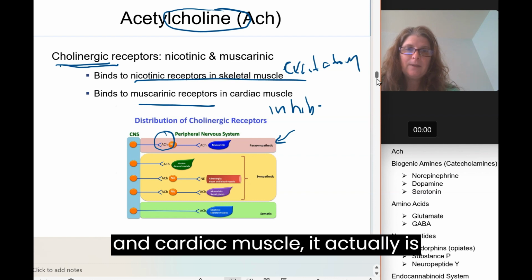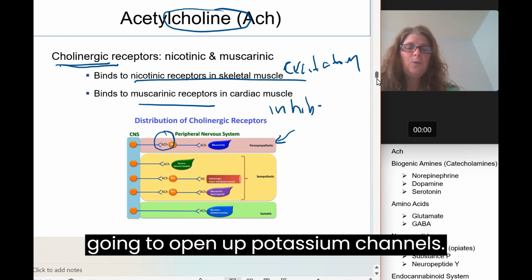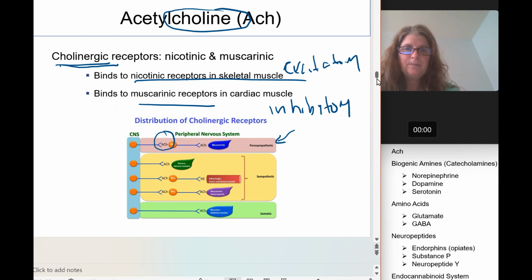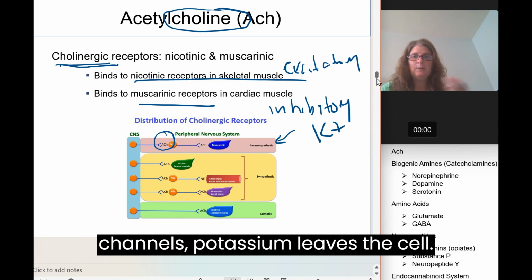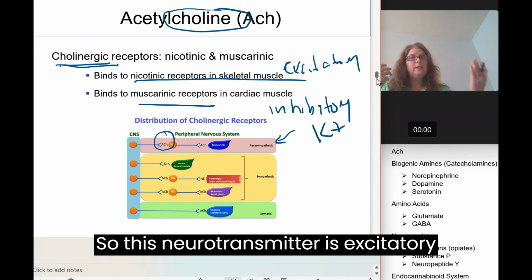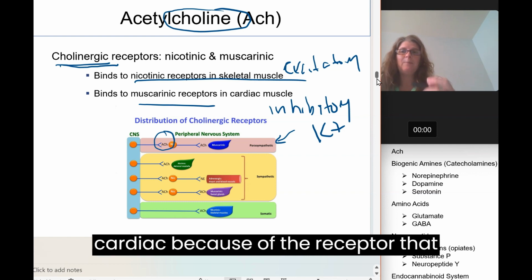In cardiac muscle, it actually is going to open up potassium channels. And remember that when we open potassium channels, potassium leaves the cell. So this neurotransmitter is excitatory in skeletal muscle, inhibitory in cardiac because of the receptor that varies it.